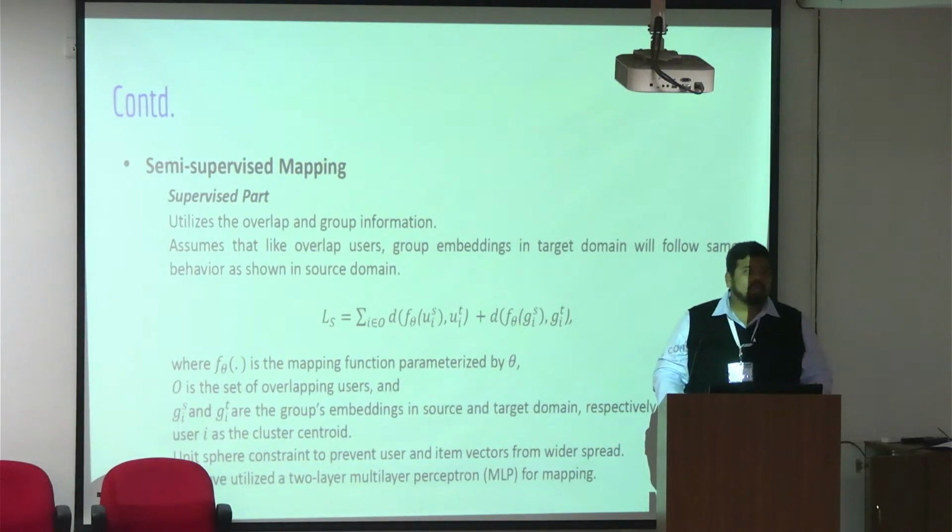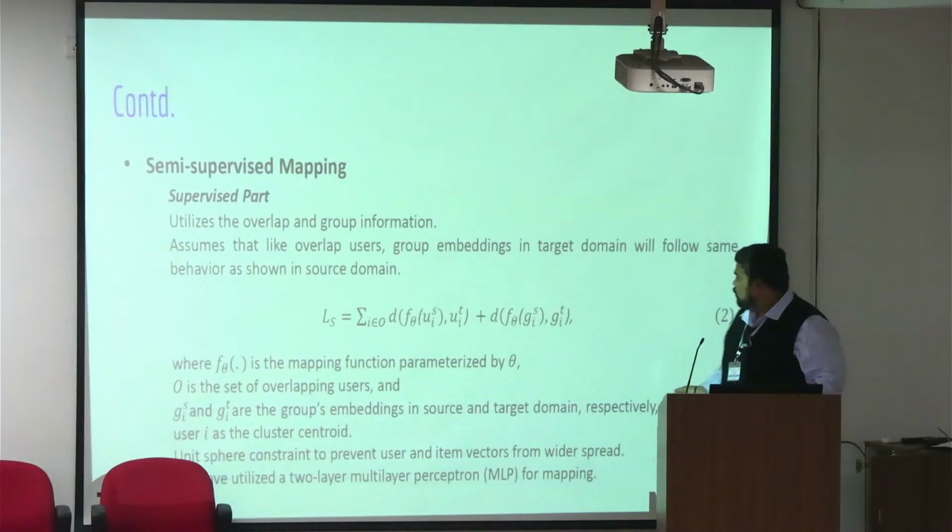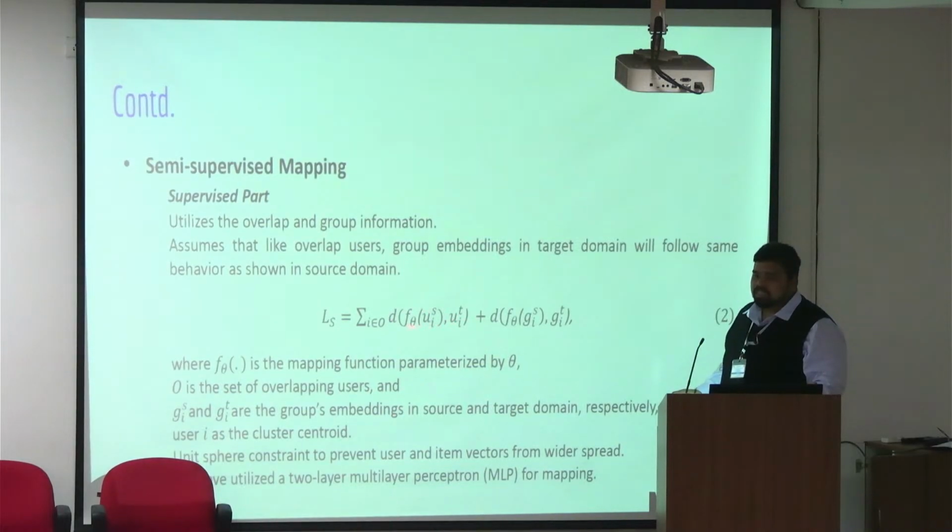So we assume that, like the overlapping users, the group embeddings in the target domain will follow the same pattern or behavior as shown in the source domain. So we have mapped the source embedding of the overlapping users to the target domain, and we have tried to minimize the distance between the source embedding and the corresponding target embedding of that user, and similarly for the groups. So here we are doing the mapping for the overlapping users.